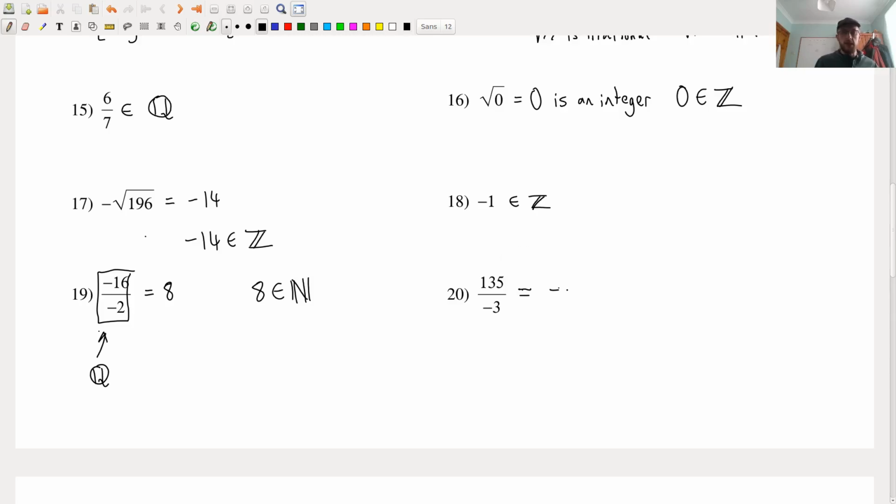So this becomes negative 45. Negative 45 is a member of the integers. And this expression here, viewed as just a freestanding expression by itself, this here is a rational number. Okay, thank you.